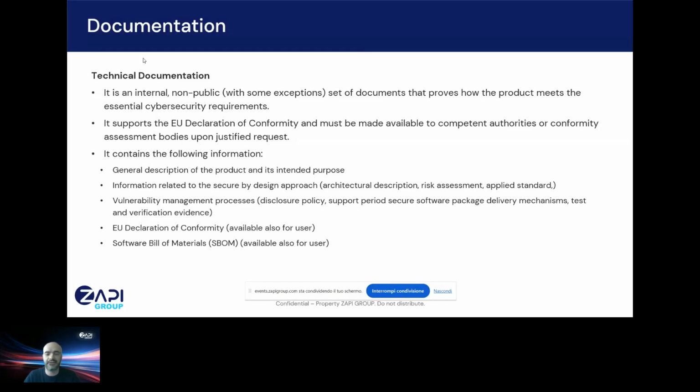This technical documentation contains different types of information. It contains, for example, a generic description of the product, such as the intended purpose, and other particular details, for example, the architectural description, the risk assessment that is used to implement the cybersecurity, and that we'll see later during the presentation, decisions about the vulnerability management that we saw before, and the list of documents that is provided to the user.